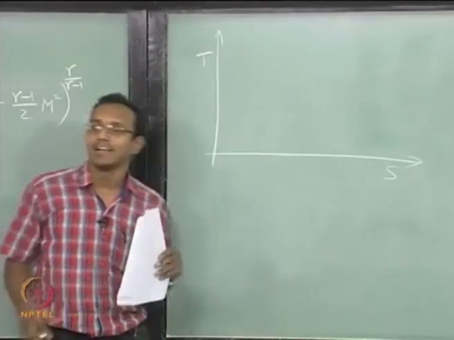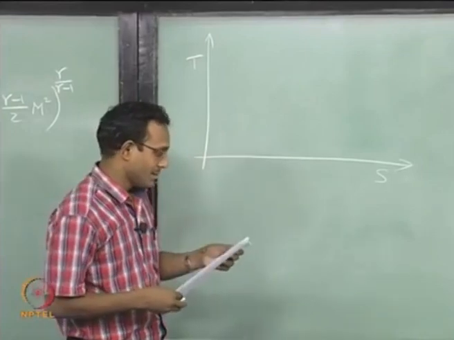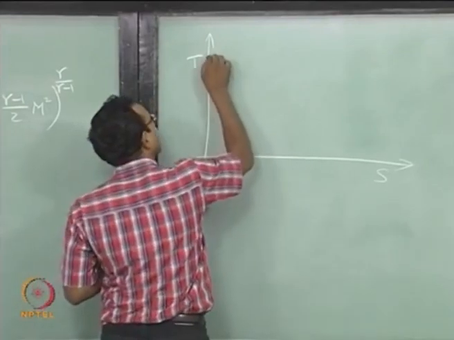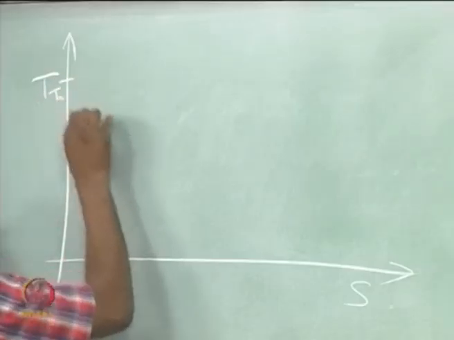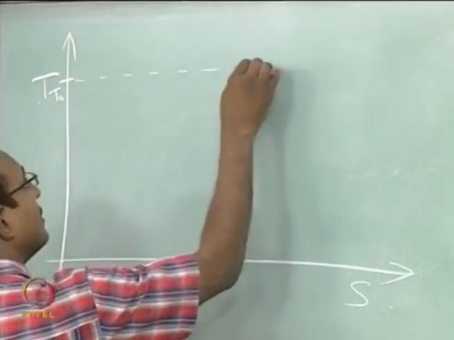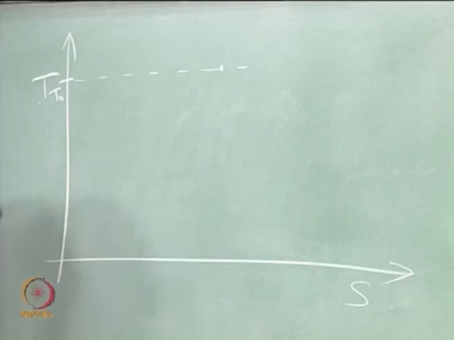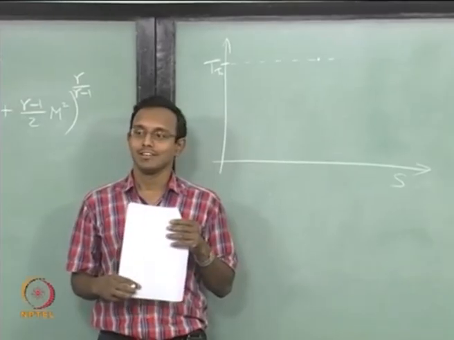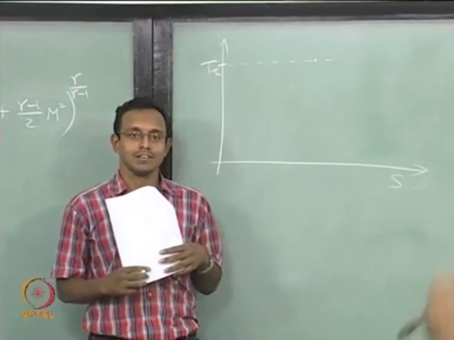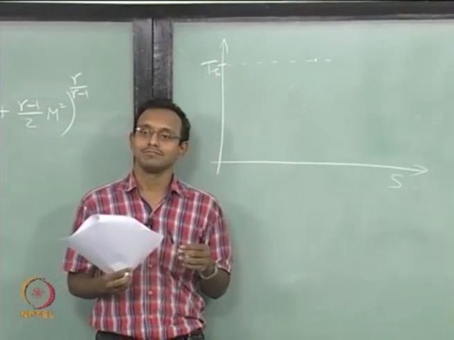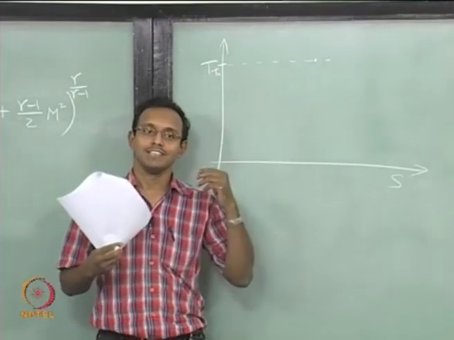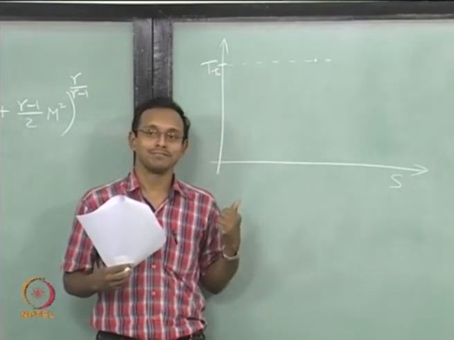Temperature versus entropy diagram, and I am given that my flow has a particular T naught and P naught. What will a constant pressure line look like on my TS diagram? Horizontal? No. What kind of curve? We solved this exact problem before.